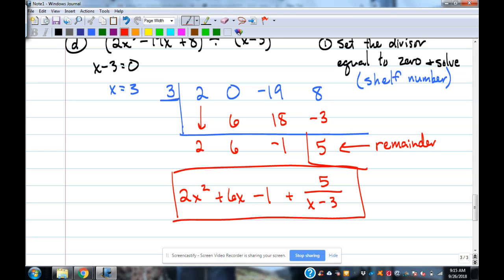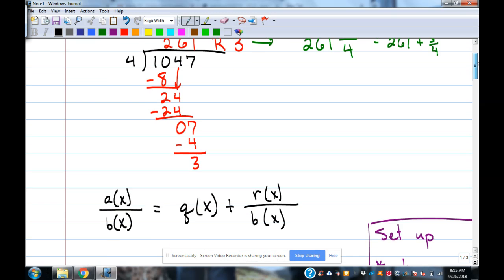There is our synthetic division answer. It always takes the power down by 1. So if you start with an x to the 4th power, if you do synthetic division, the quotient is going to start with x cubed. And you just go x cubed, x squared, and then go from there. That number that's here on the end is always going to be your remainder.